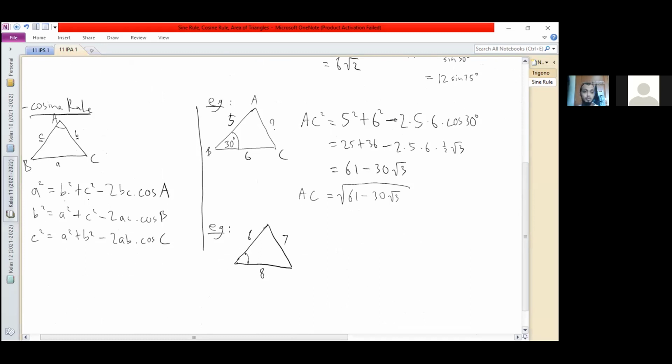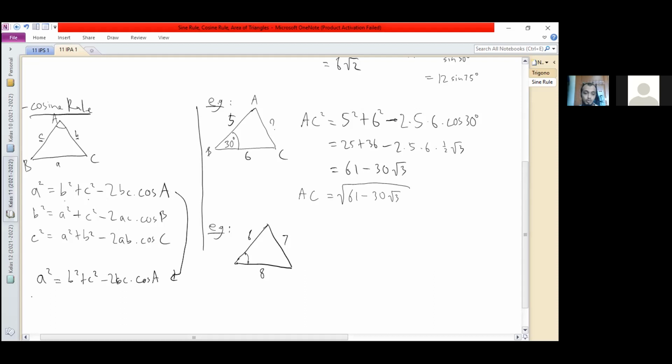We can also use this cosine rule. Actually, we can modify this formula. We have, for example, a squared equals b squared plus c squared minus 2bc cos a. If you want to find the angle, sometimes it's easier if we just know cos a. So in this case, we change the subject and make cosine the subject.